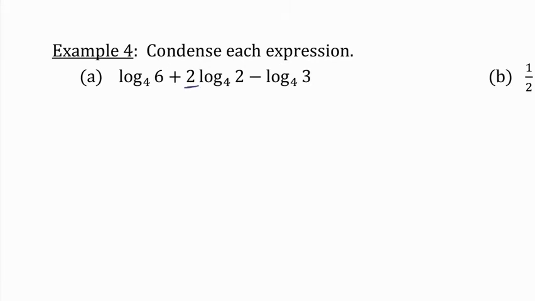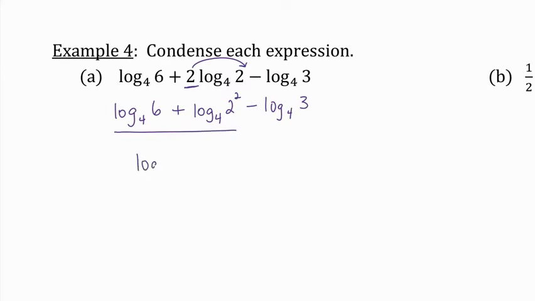So first I see the 2 out in front, so that's going to become my exponent, right? So I'll get log base 4 of 6 plus, instead of 2 log base 4 of 2, I'm going to get log base 4 of 2 squared minus log base 4 of 3, right? So first thing was our exponent. Okay, now I can look at these 2 are going to be multiplied together, right?